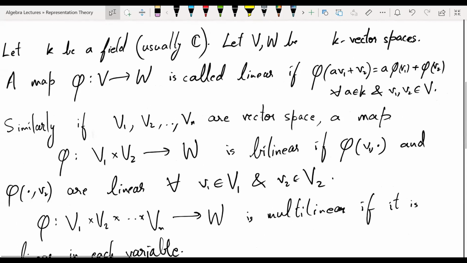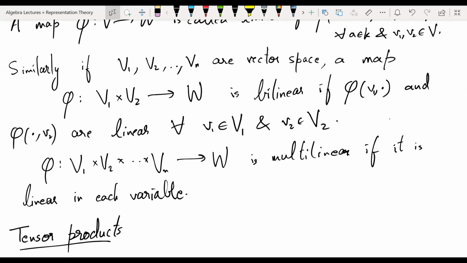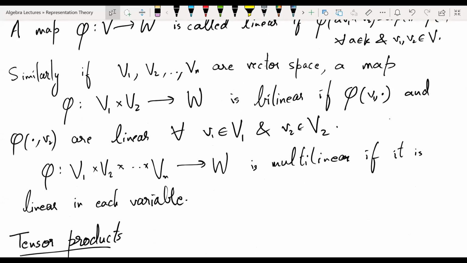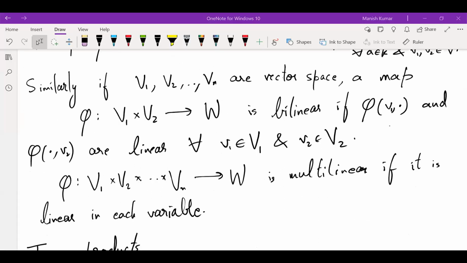So maybe I'll start with tensor products. Did I define tensor product for you, or do you know tensor products from an earlier course? I don't think we did it in algebra 3.